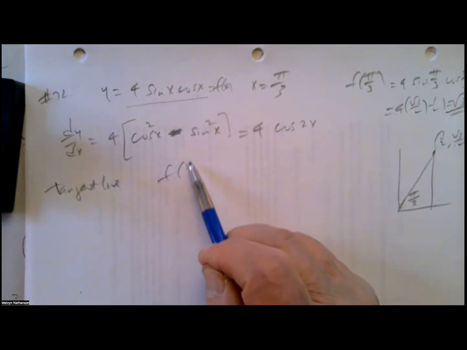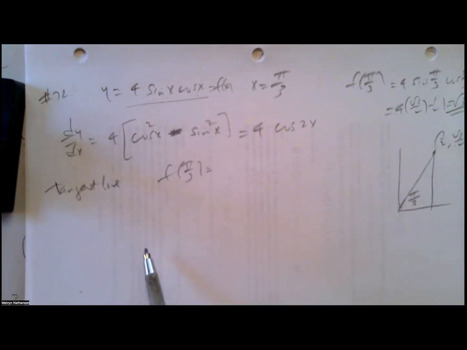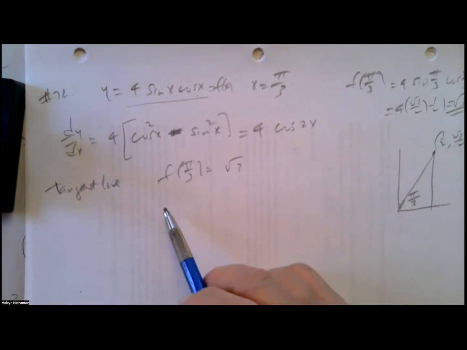The sine is root 3 over 2, and the cosine is a half. So this is 4 times root 3 over 2 times a half. 2 times 2 is 4, cancels this 4. This is root 3. So f of pi over 3 is the square root of 3.